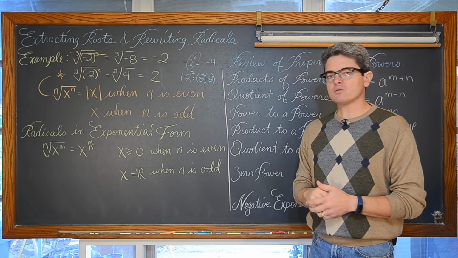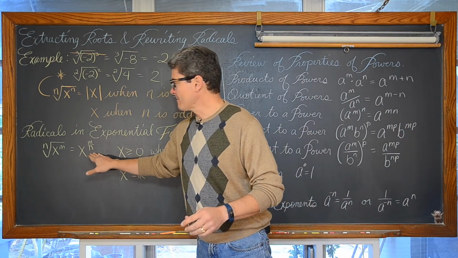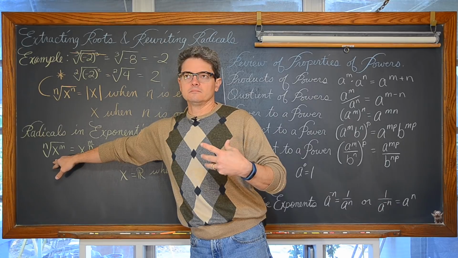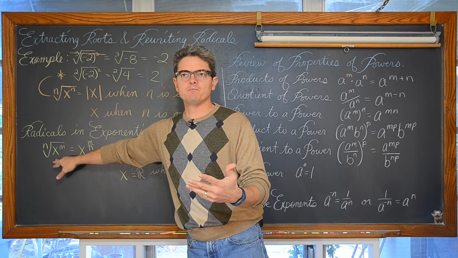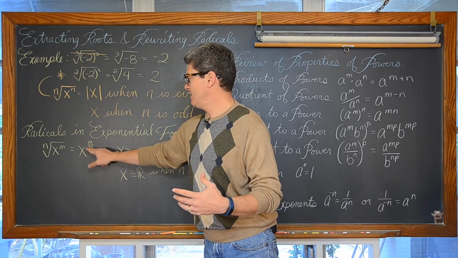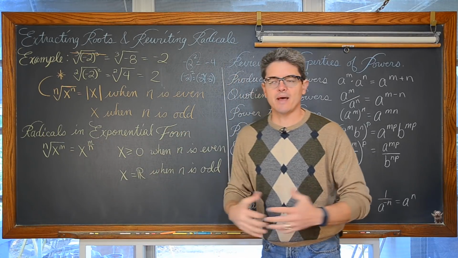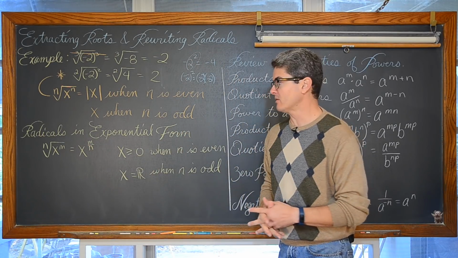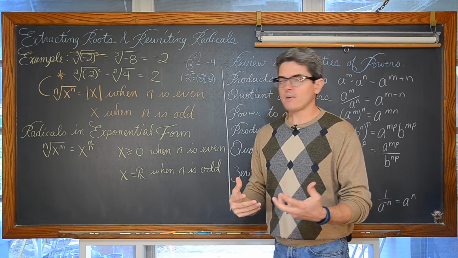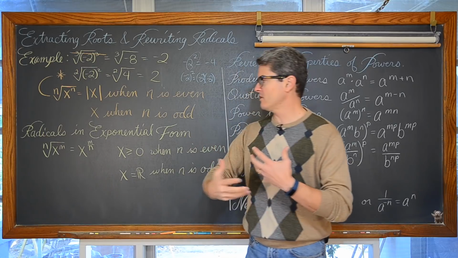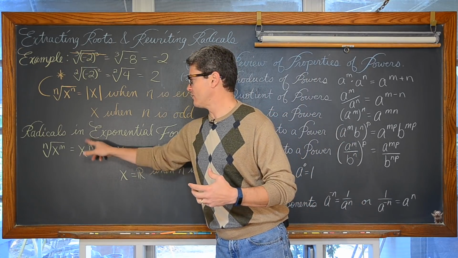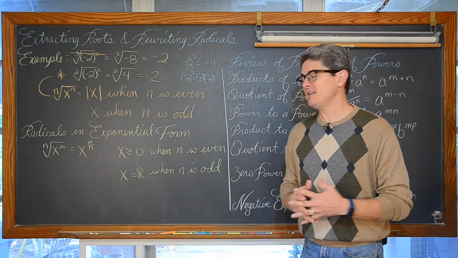Radicals in exponential form. Most people understand radicals like square roots and cube roots more than fractional exponents when they're outside of the math class and maybe have forgotten some of the skills that they learned. But as you're simplifying radicals, working with them in their rational or fractional exponent form is a lot easier.